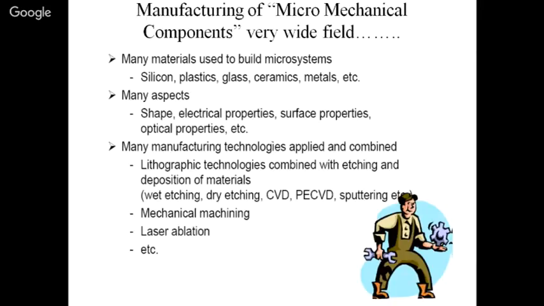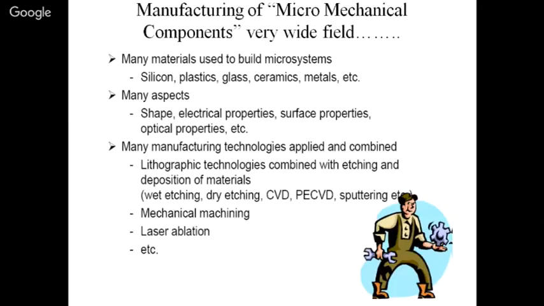Here, many materials are used to build the microsystem, such as silicon, plastic, glass, ceramic, metal, etc. Even many aspects, such as electrical properties, surface properties, optical properties, all properties nowadays are very important for the different products in product design.